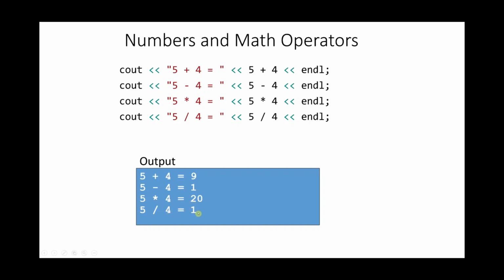Oh, wait a second. 5 divided by 4 is not 1. It should be 1.25. But instead I get 1. Why so? Because we have a rule. Always memorize this rule: int divided by int gives you int.